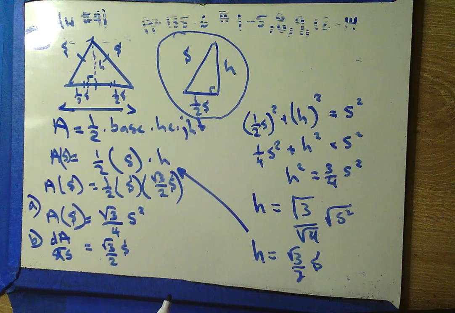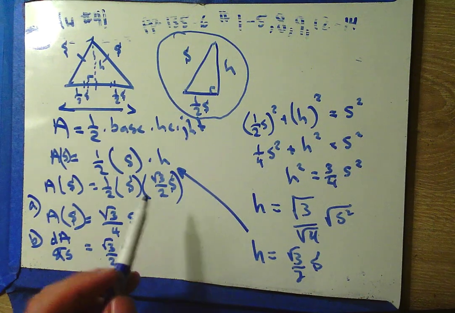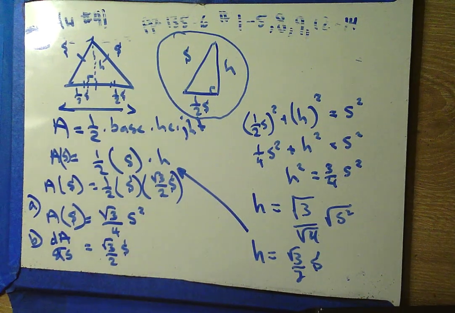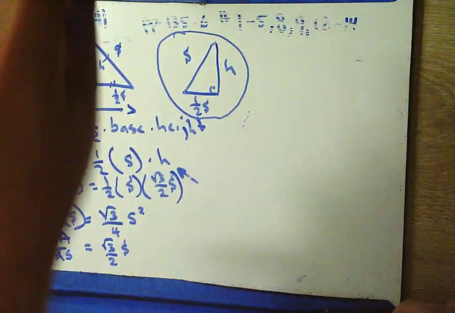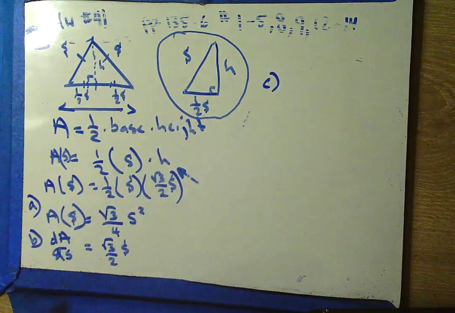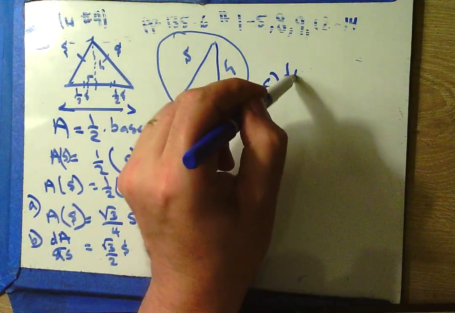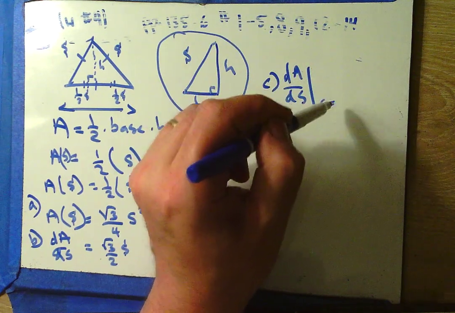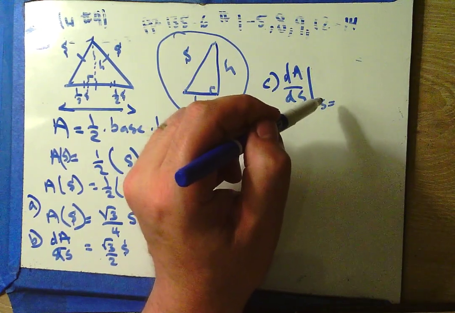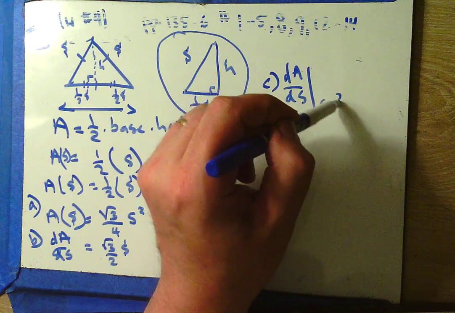What about part C? Evaluate the rate of change in area at s equals 2 and s equals 10. Okay, I think I'm running out of space here. We finished with the helping equation, so let me use this space over here. C, we want to know dA ds when s equals 2.